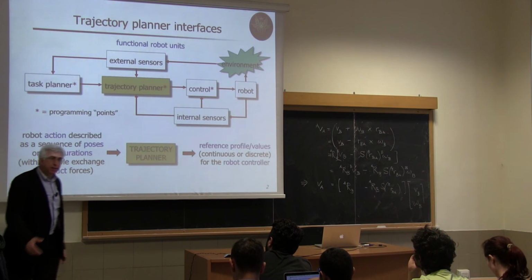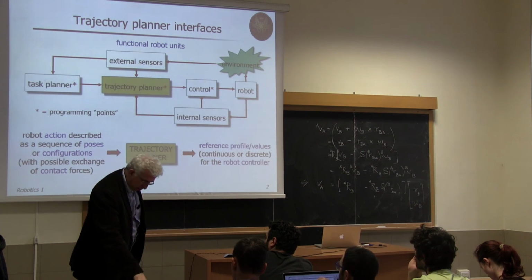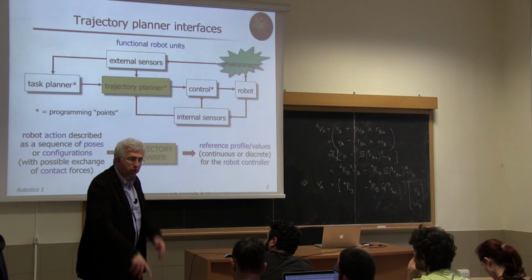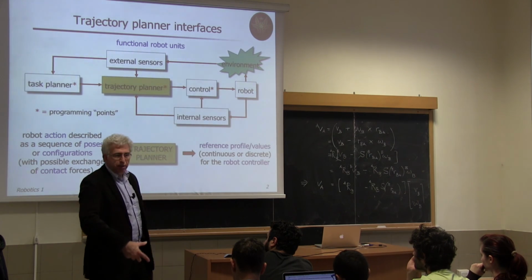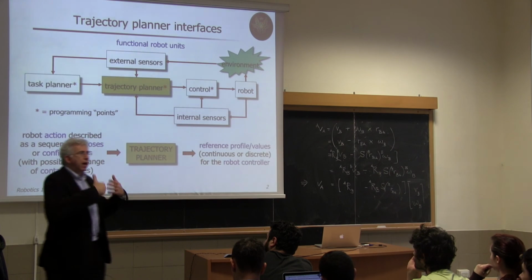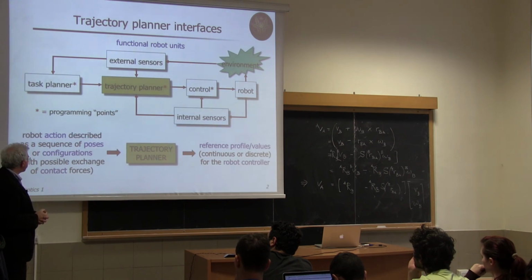Because if I'm saying that the end effector should pick up something here, I can specify just the frame of the end effector here, or I fully specify the configuration associated to this. This is a matter of how I learn to do this, how I teach the robot to do this.